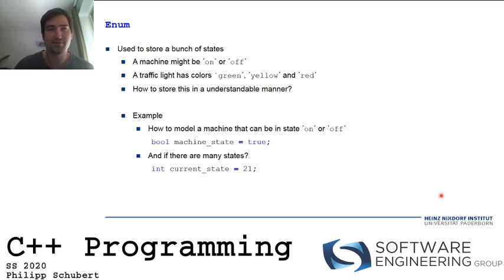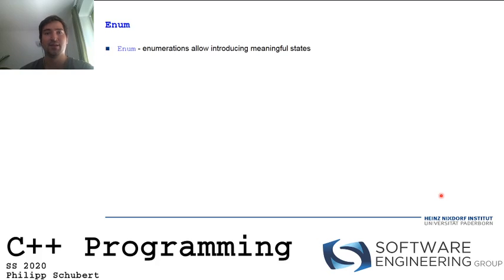You don't know. So what you would need to do is write a code comment, and then your colleague who uses your code does not read the code comment, and he wonders what machine state 21 means, or current state 21 means. So that's not at all meaningful and not at all readable. So you better use enumerations for that kind of stuff.